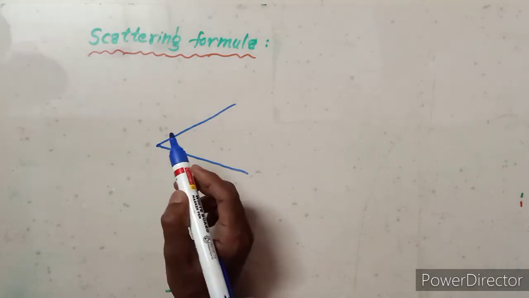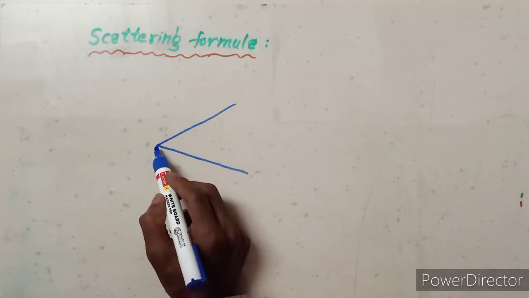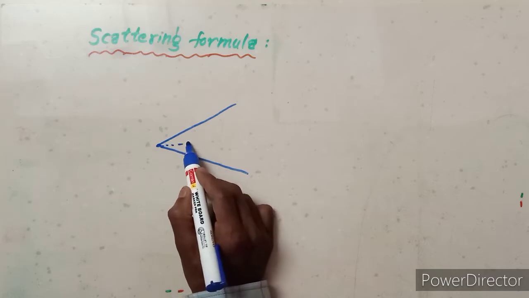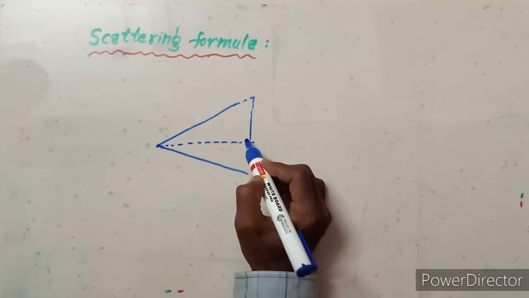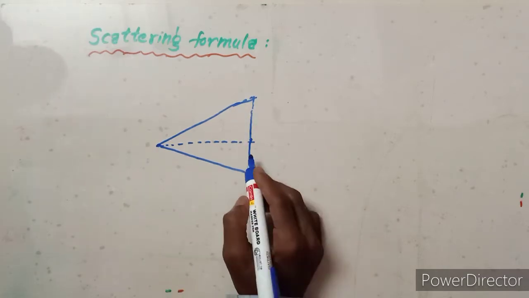this is the gold foil, the midpoint of the gold foil, where the alpha particles are scattered. This is the diagram.